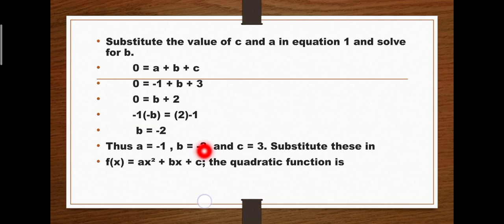So, this value of a, b, and c, we will substitute in this quadratic function, ax squared plus bx plus c. We substitute it for a, for b, and for c. Okay, the quadratic function is f of x is equal to negative x squared minus 2x plus 3.